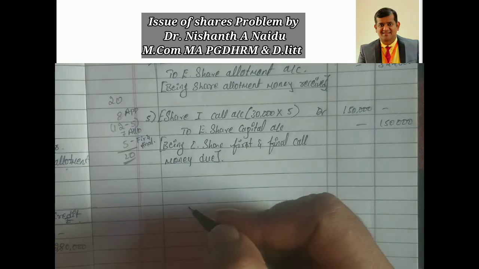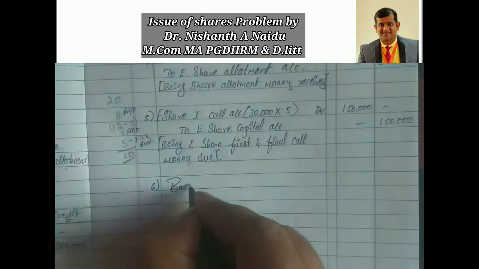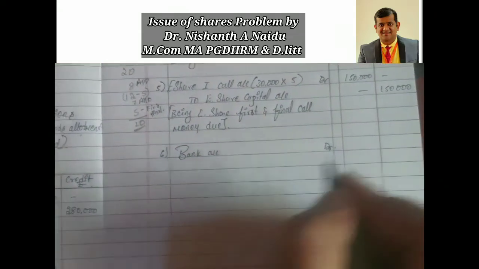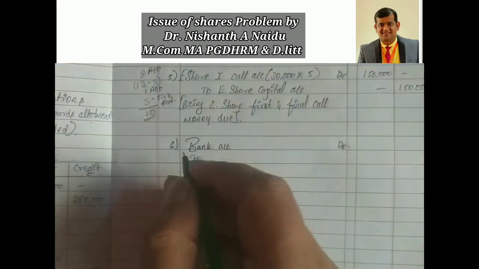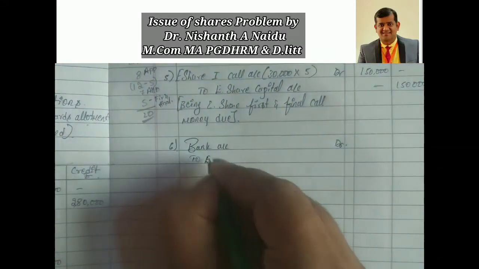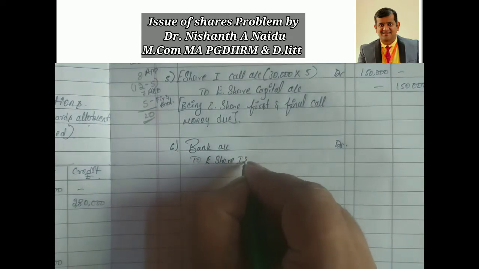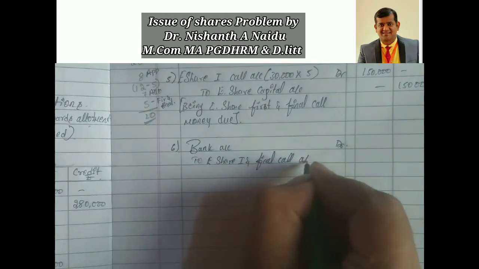In the receive entry we are going to pass the sixth entry, that is bank account debtor to equity share first and final call account.